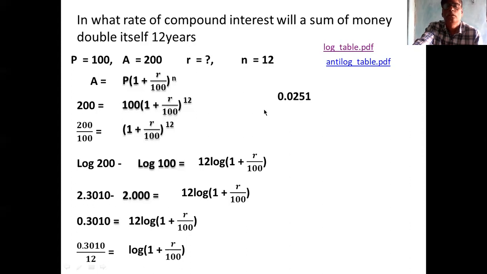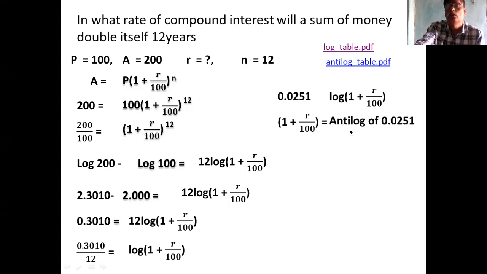If you divide it, 0.0251 is equal to log of 1 plus r by 100. Then if you take that side, 1 plus r by 100 is equal to antilog of 0.0251.